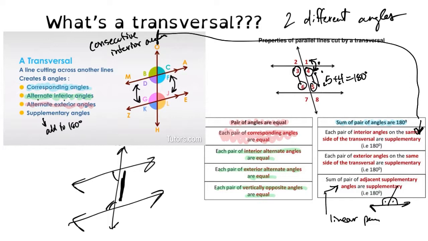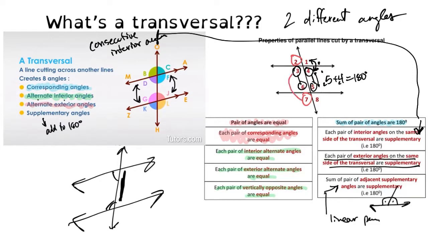So that's kind of the idea there, okay? Now, the last thing, each pair of exterior angles on the same side of the transversal are supplementary. So that would be like number 2 and number 7.